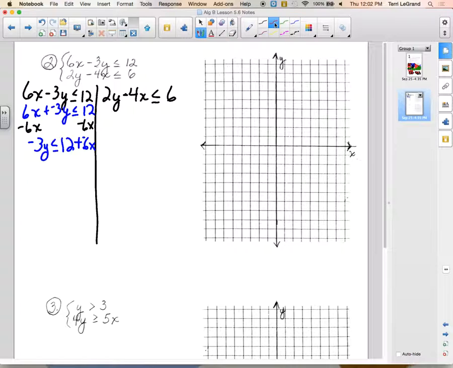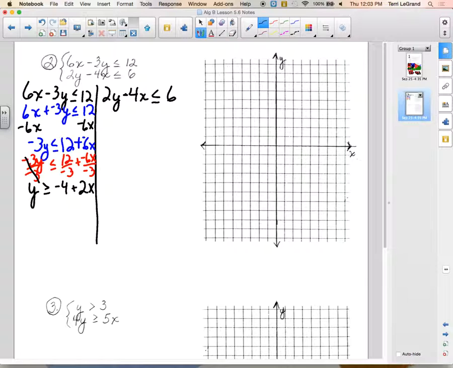Okay. That cancels my -3 in front of the y. Did I divide by a positive or a negative? Negative, so I have to switch the sign. 12 divided by -3? -4. -6x divided by -3? Positive 2x, okay.